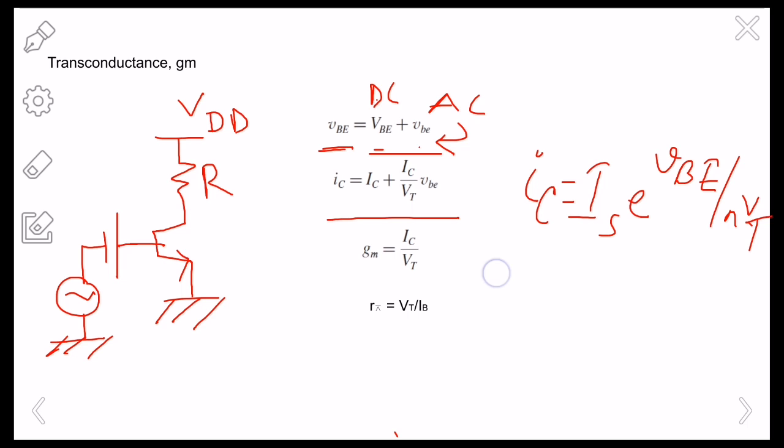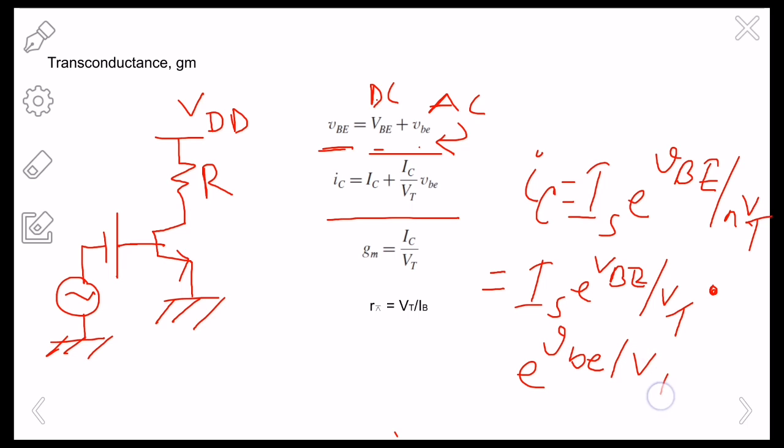You can easily write this equation, that is IS times e to the power VBE divided by VT, considering the value of n is 1, multiplied by e to the power vbe by VT.